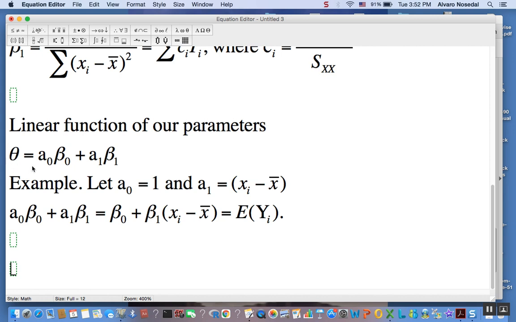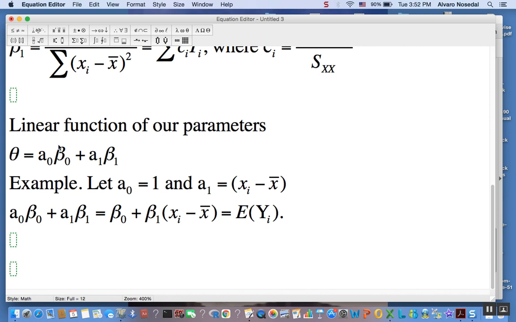At this point, we have established that it's a good idea to study these linear functions. Well, these are parameters, so theta is going to be a function of those parameters. So we are going to try and estimate this somehow.